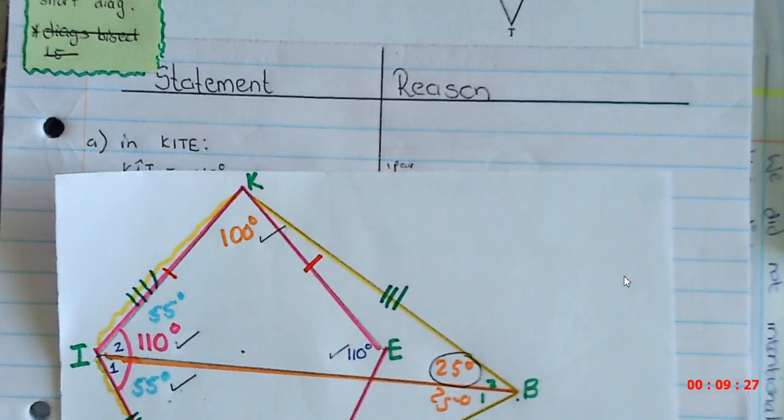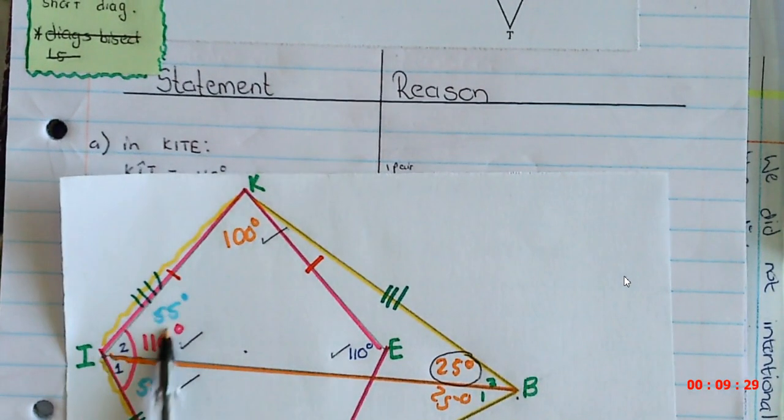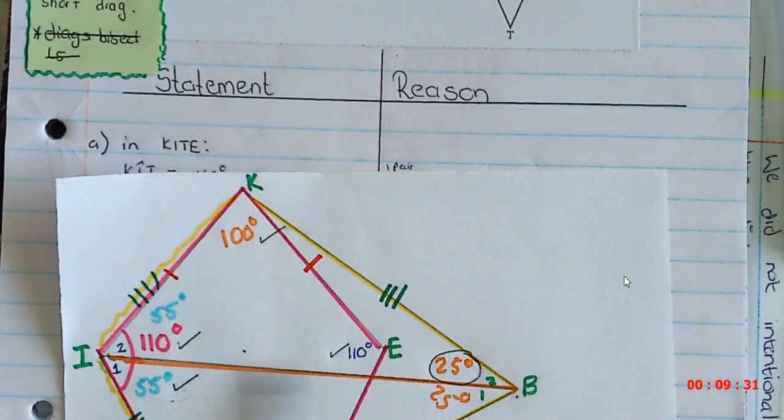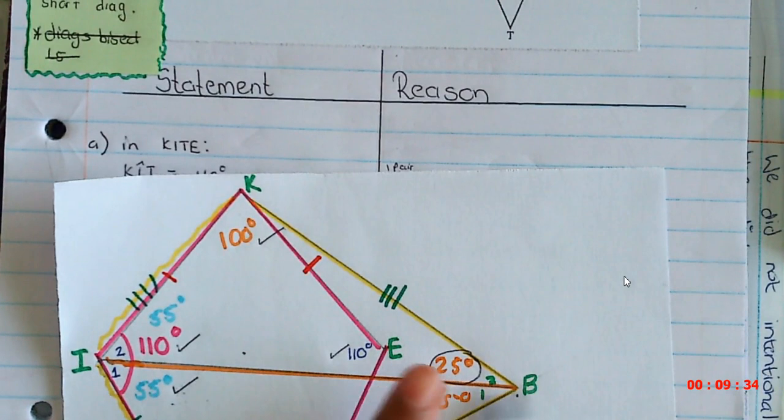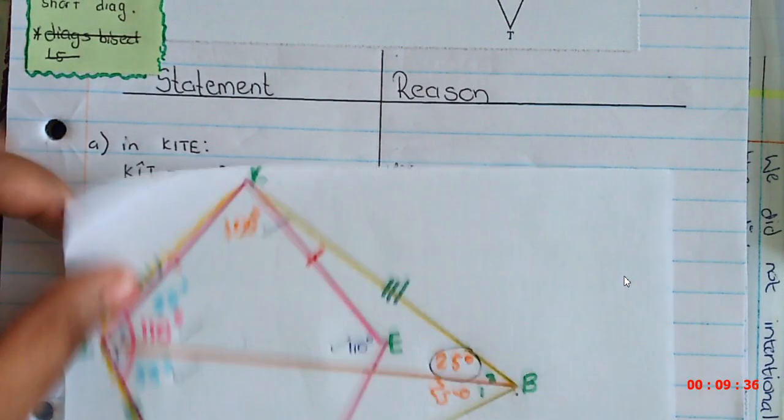So now we got this 100. Now we can just look at this triangle. This can't be an exterior angle because it needs to be an extension.